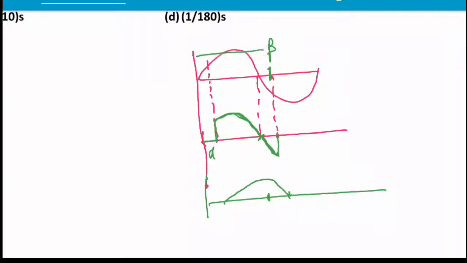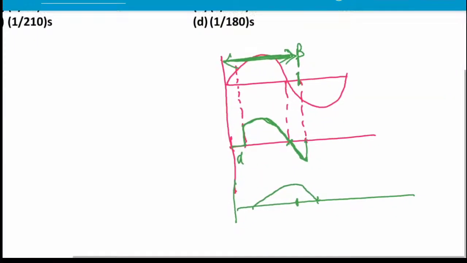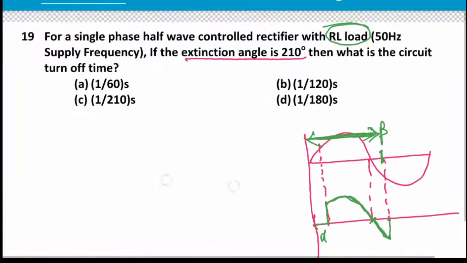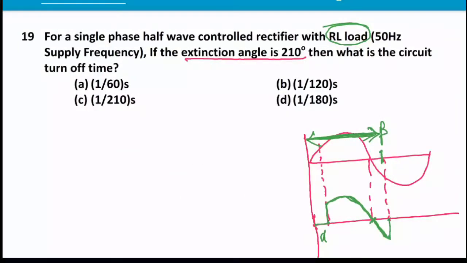Beta is this angle, and this is called the extinction angle, and alpha is the firing angle. So if beta is given to be 210, what will be the circuit turn off time?